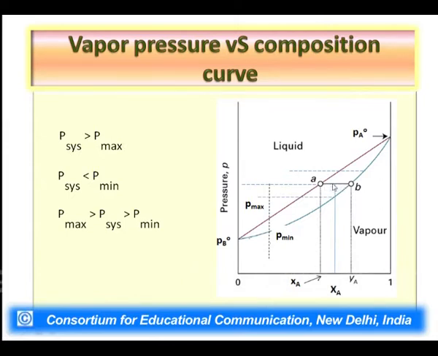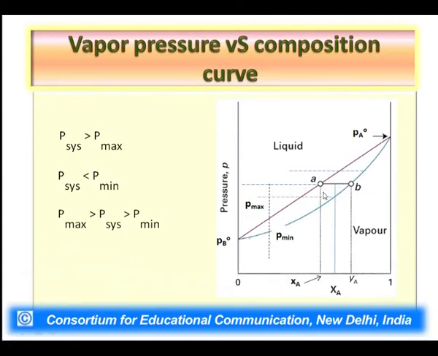So the overall state of the system can assume any composition within these 2 points A and B. However, the composition of the liquid phase would be given by point A and the composition of the vapor phase would be given by point B at this particular pressure represented by this dotted line. That is all we obtain from here.